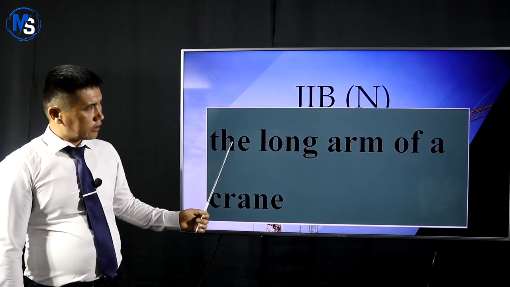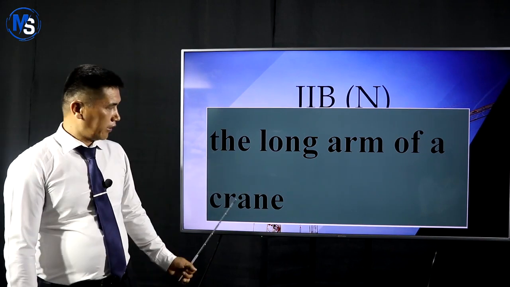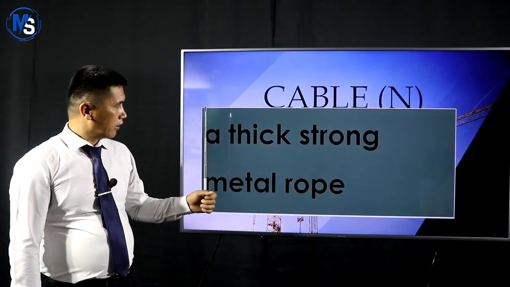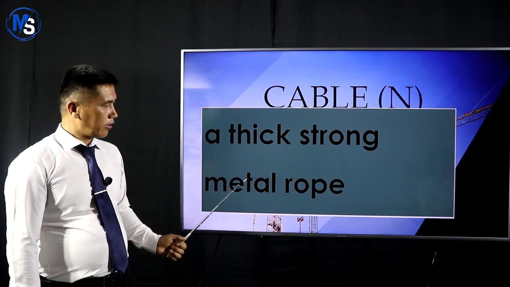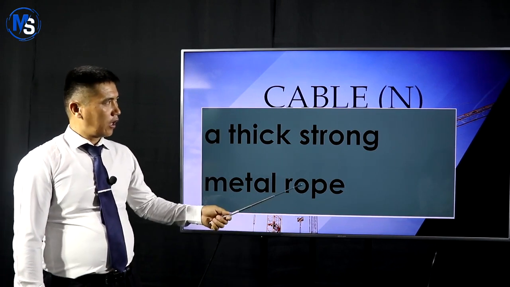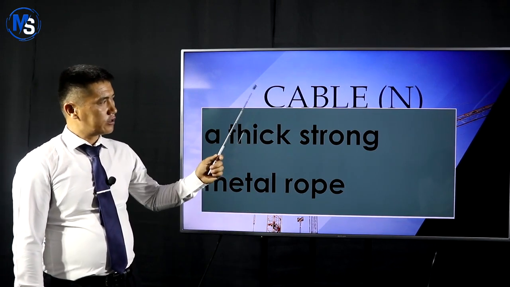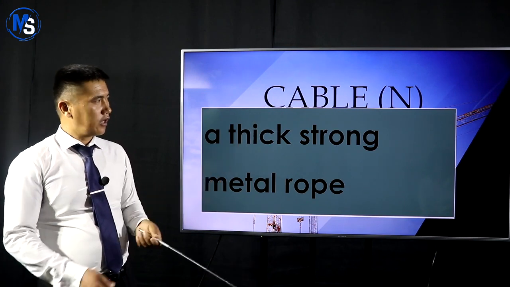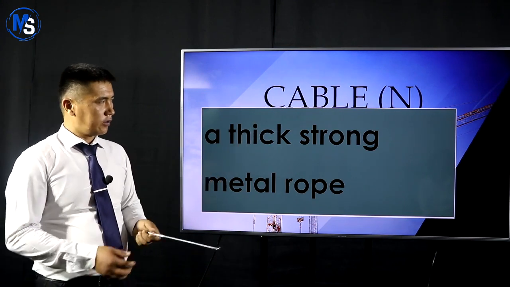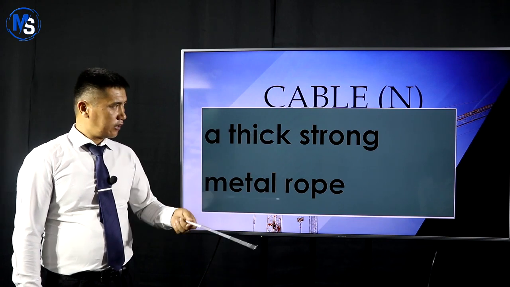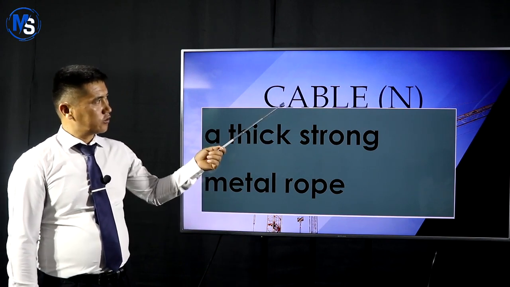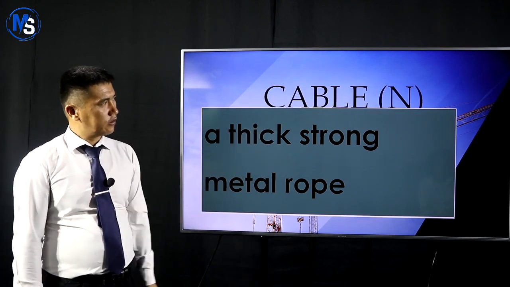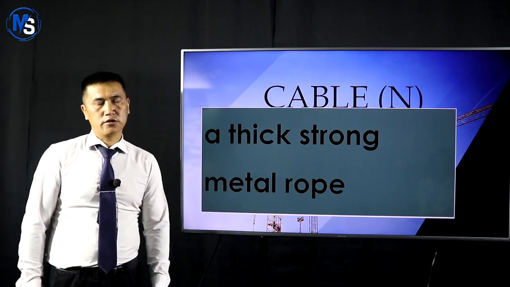It's a noun, the long arm of a crane. Cable, a thick, strong metal rope, which is used for loading big objects and crane loads. So that is an important and essential word for crane parts.